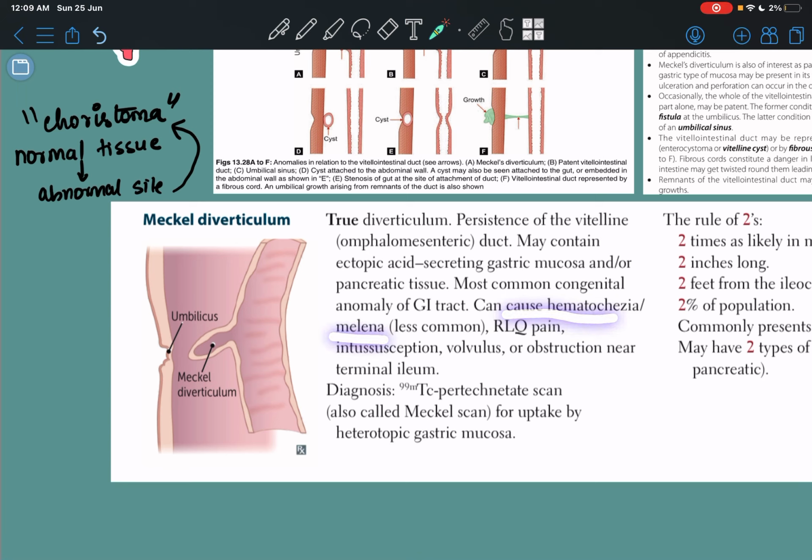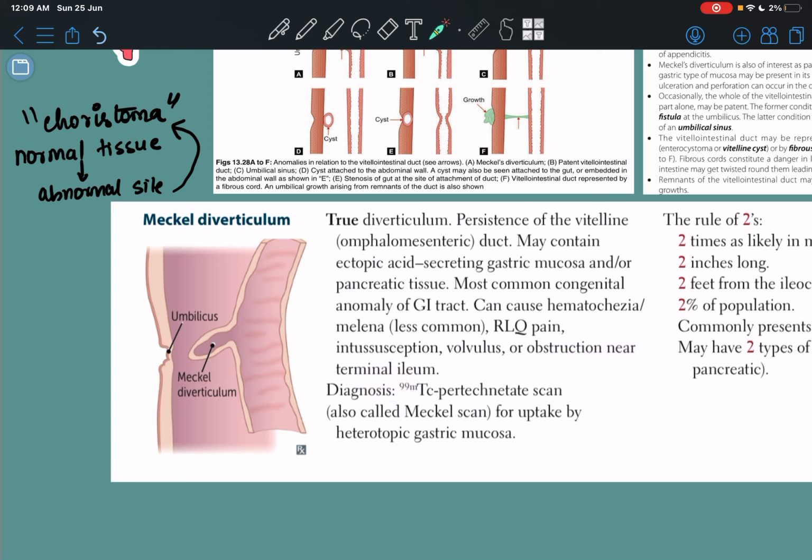So what these are is basically blood in the stools. Melena is clotted dark blood, whereas hematochezia is like fresh blood. So obviously if there is ulceration and everything, you'll obviously see blood in the stools, but mostly you see fresh blood, not clotted blood. So melena is less common. Then right lower quadrant pain in the abdomen similar to appendicitis, and other things like obstruction near the terminal ileum, obviously intussusception, volvulus, obviously.